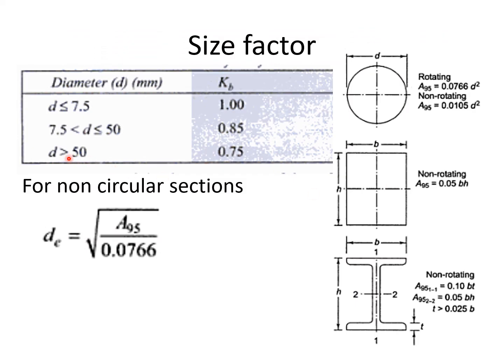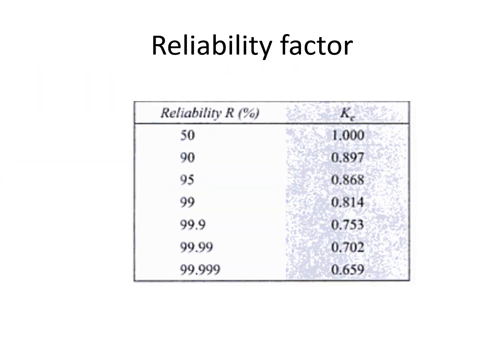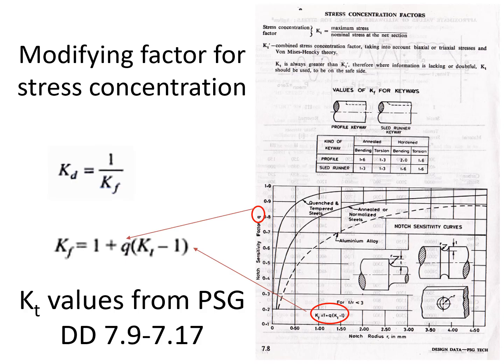Then Kb we will take from this table, and the reliability factor value we will get from this table. Then the modifying factor for stress concentration, this value is known as Kd. Kd is equal to 1 by Kf, where Kf equals 1 plus q into Kt minus 1.